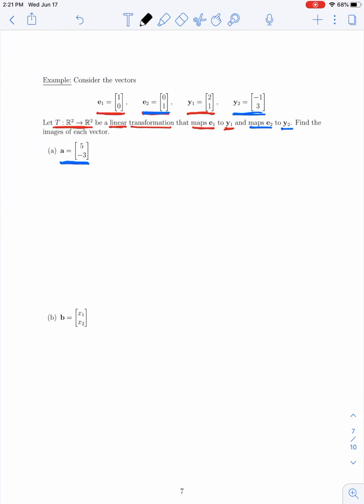But these vectors are special in that we can write any vector as a linear combination of those two. So in particular, the vector that I'm given here, 5, negative 3, can be written as 5 times 1, 0 to get the 5 for that first component, and then plus negative 3 times 0, 1 to get negative 3 in that second component. So this is exactly 5 times the vector E1 minus 3 times the vector E2.